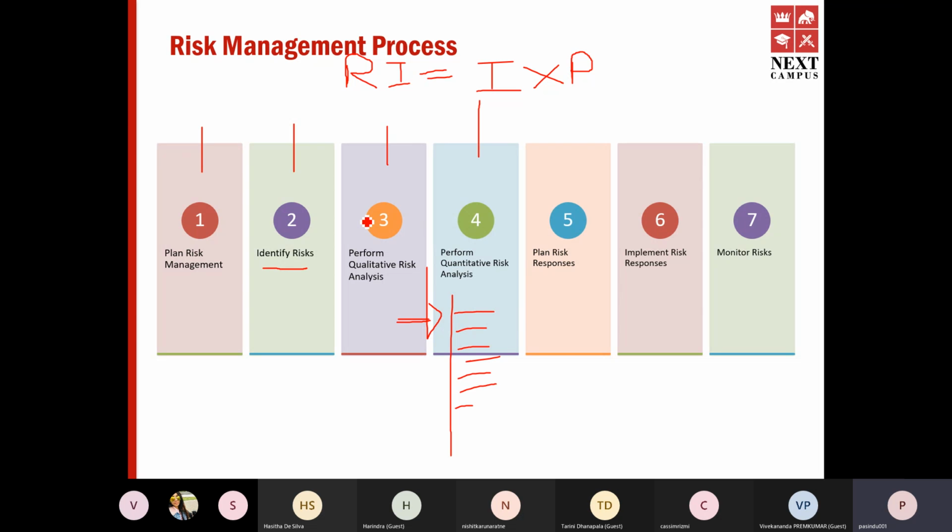In the qualitative risk analysis, you got the important risks with very low energy. In quantitative risk analysis, you would stack rank them. So even among the high risks, that would ensure that you prioritize the most important risk at the beginning.